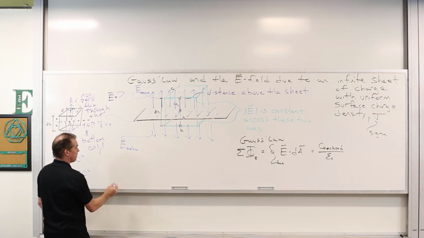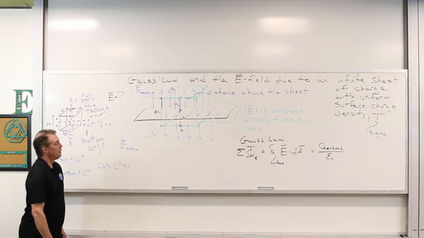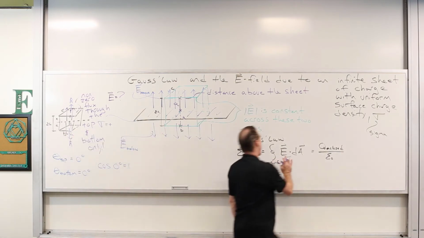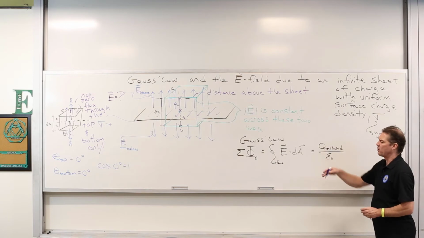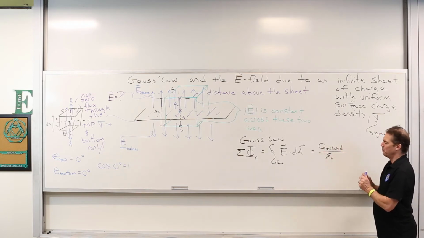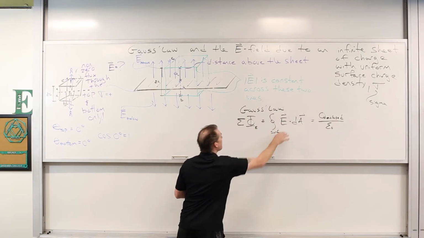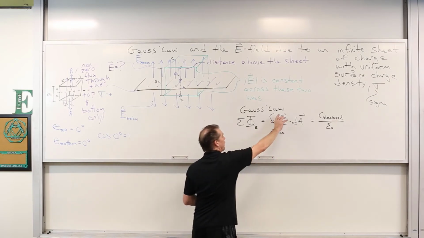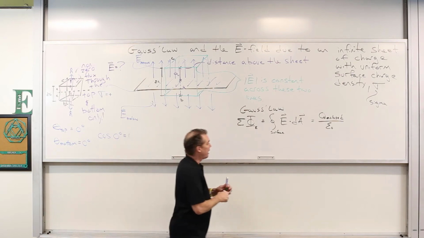And what do we know about 0 degrees? We know that the cosine of 0 degrees is just equal to 1. So the point with this is that this dot product vanishes, and we don't need any other extra factor because of weird angles. We've got nice angles here. So we can get rid of this dot product, and we can go ahead and factor that E out because it's a constant value, as we've already argued here.